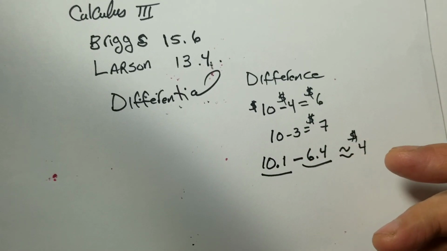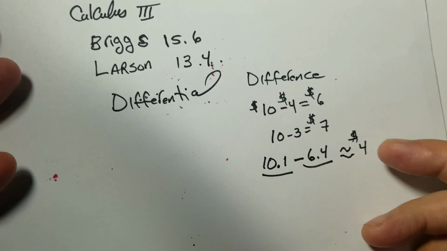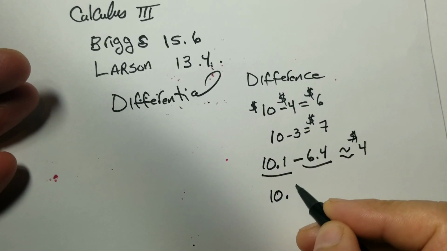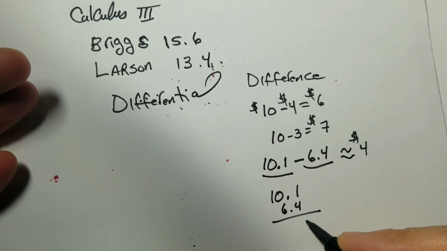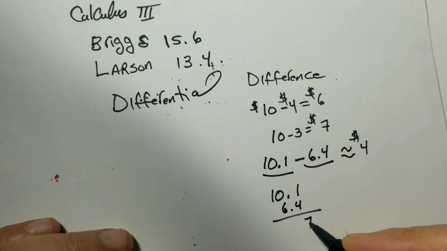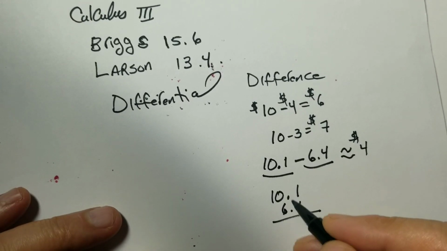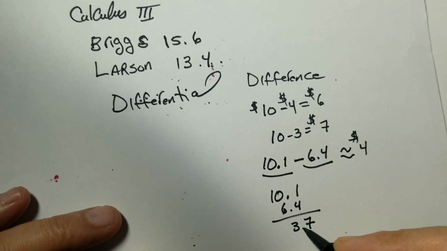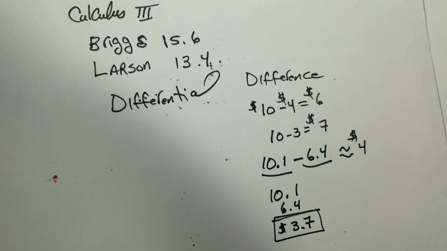But somebody said, really, you approximate it? I need the exact. If you really want the exact, then you have to subtract: 4 from 11 is 7, and 7 from 10 is 3. If you really want exact, it's $3.70.